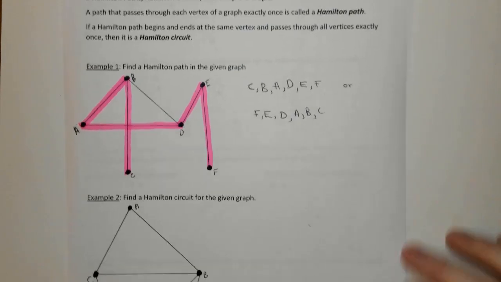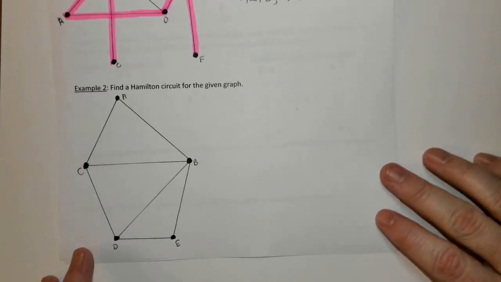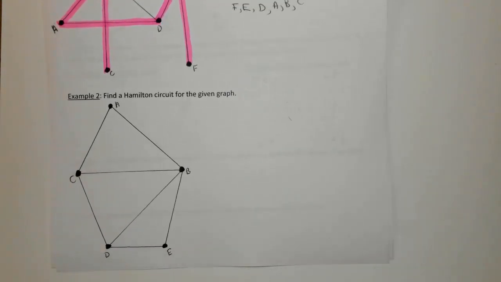All right, so the next one, number 2, says find a Hamilton circuit for the given graph.